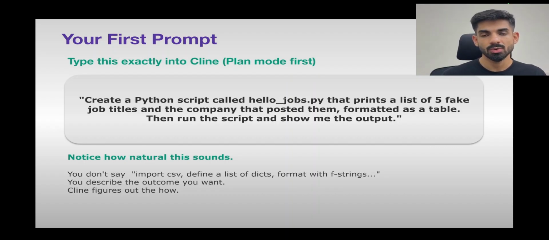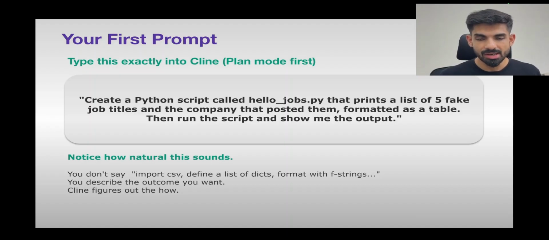I'll teach you what is called prompt engineering, using which you will learn how to write better prompts. Currently you can see this English statement I've written: create a Python script called hellojobs.py that prints a list of 5 fake job titles and the company that posted them, prints it in a table format, and then runs the script and shows me the output.